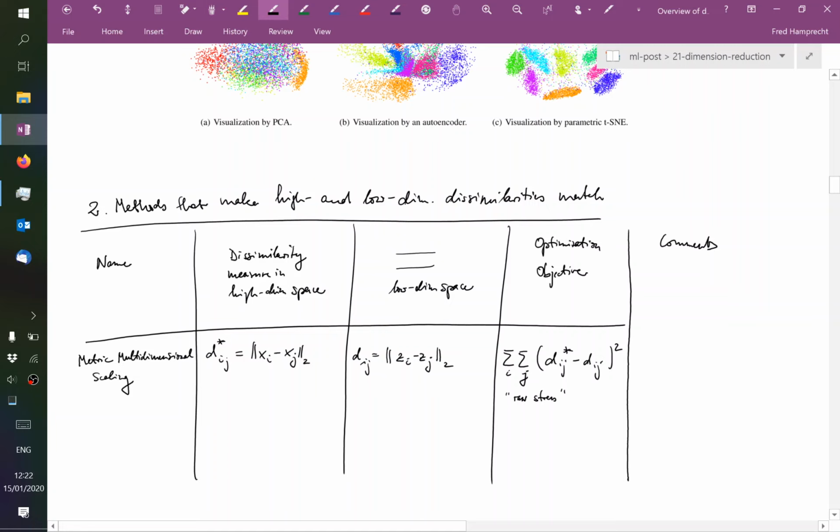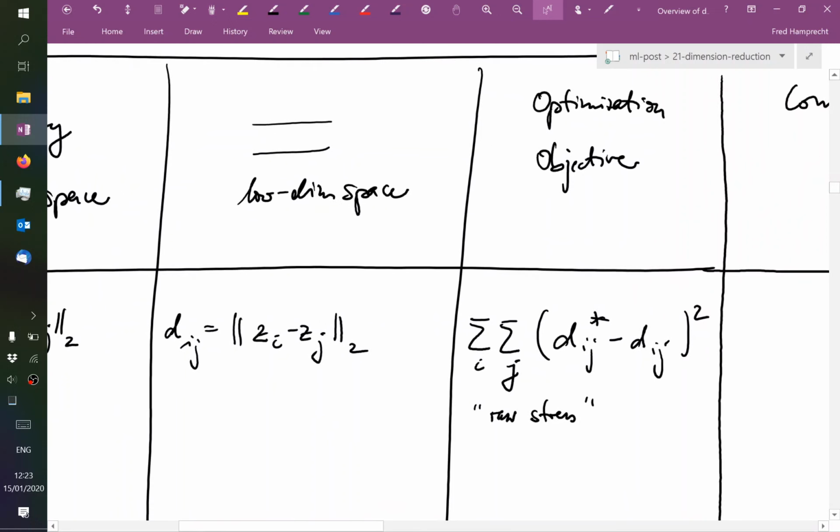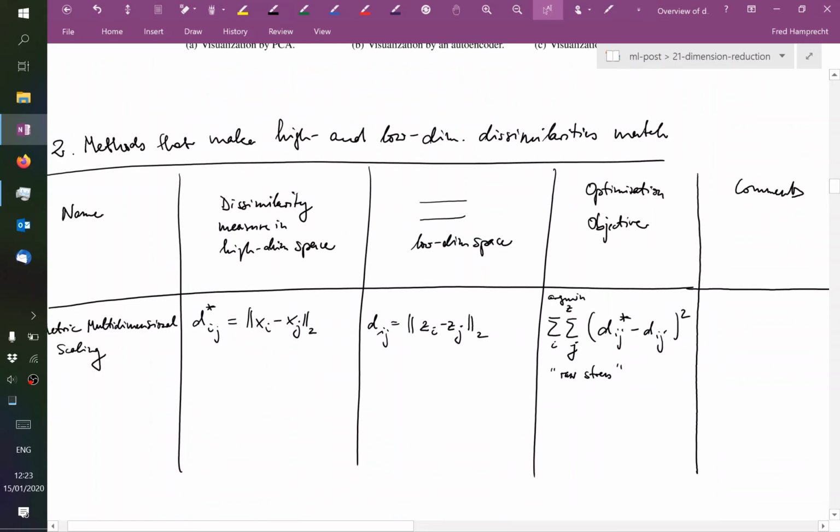Okay. Unfortunately, this objective looks pretty innocent. So we have Euclidean distances. Usually when we minimize squared deviations, these things turn out to be tractable. Unfortunately, not in this case. So the minimization here would be argmin over the z's, over the low dimensional coordinates.